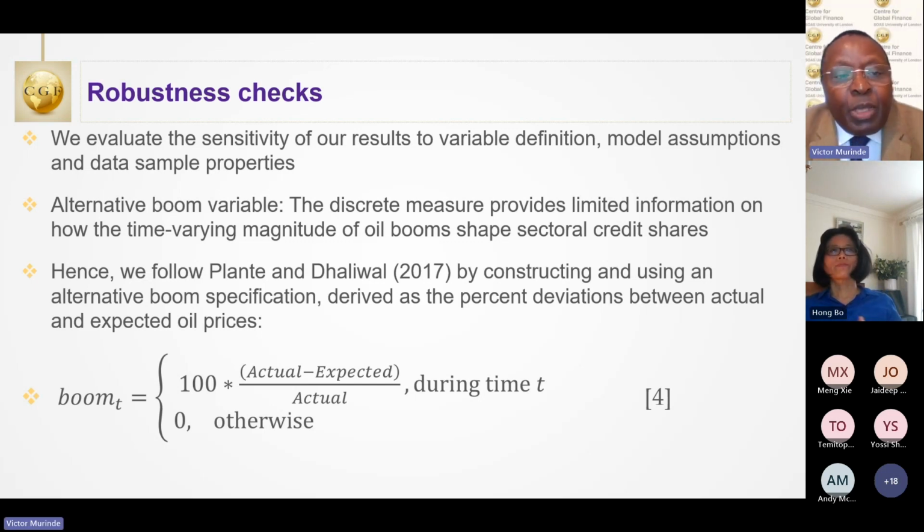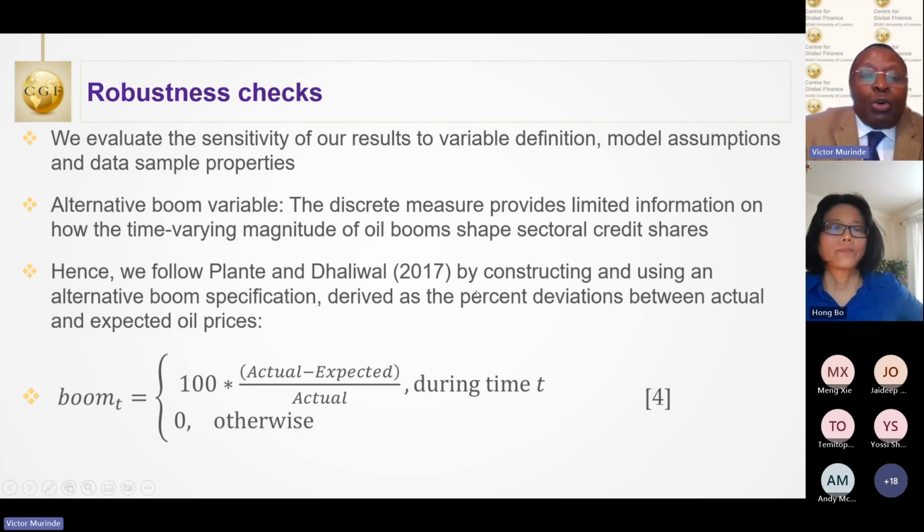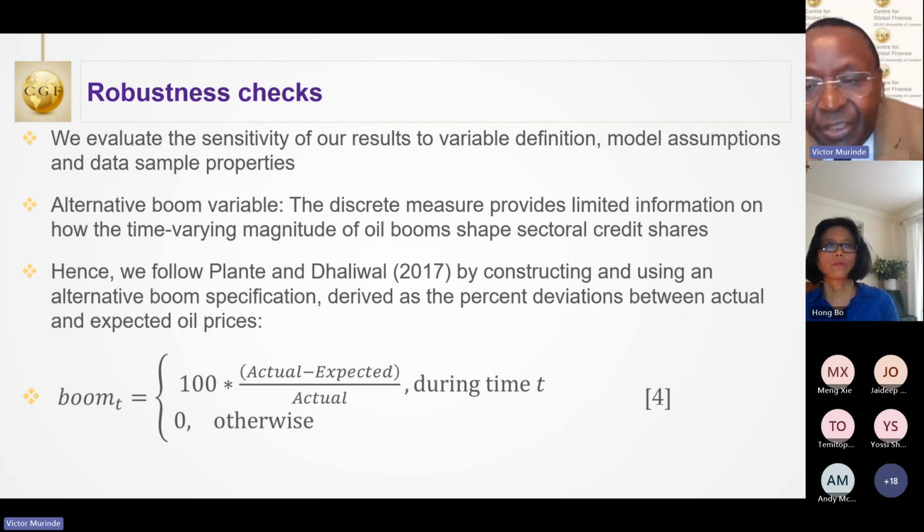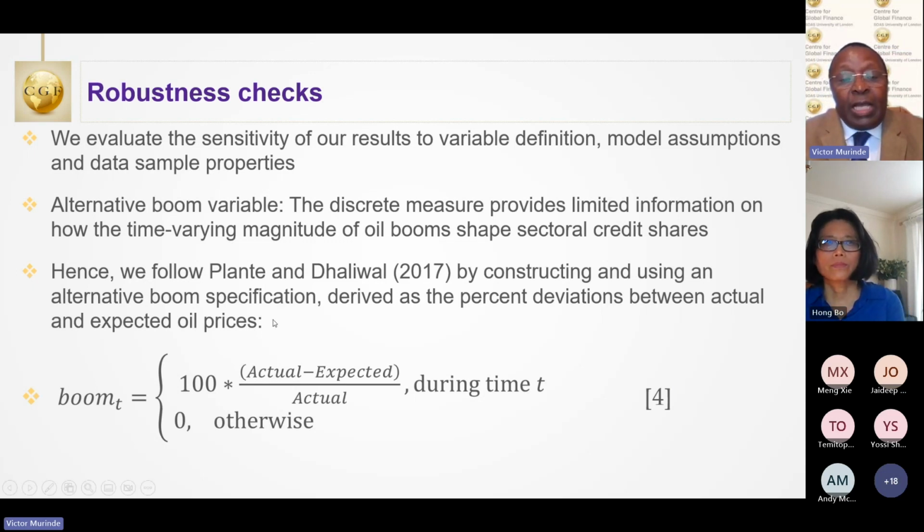On the variable definition, we explore alternative measures of the boom variable. Here we follow Plante and Diwali in 2017, who construct and use an alternative boom measure derived as the percentage deviation between actual and expected oil prices, which is what I was covering when I showed the plot of the differences between the actual spot and the expected futures price.